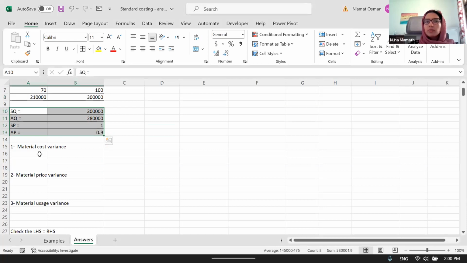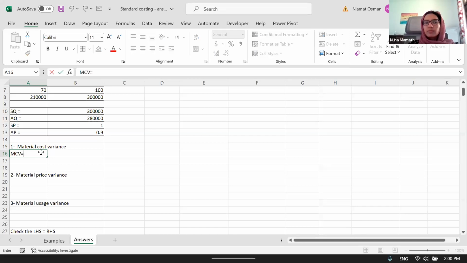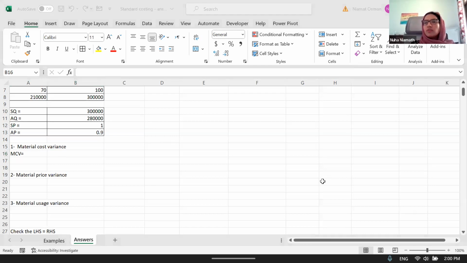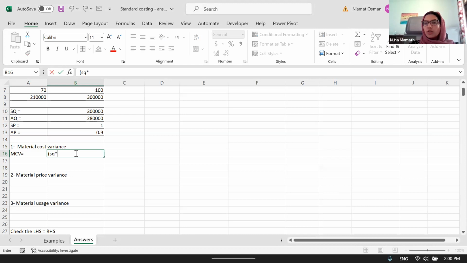So it's very simple. Material cost variance. Now you tell me from the chat box. I'm not going to answer. Tell me, what is the material cost variance formula? Thank you, Taslima. So she says SQ into SP minus AQ into AP.